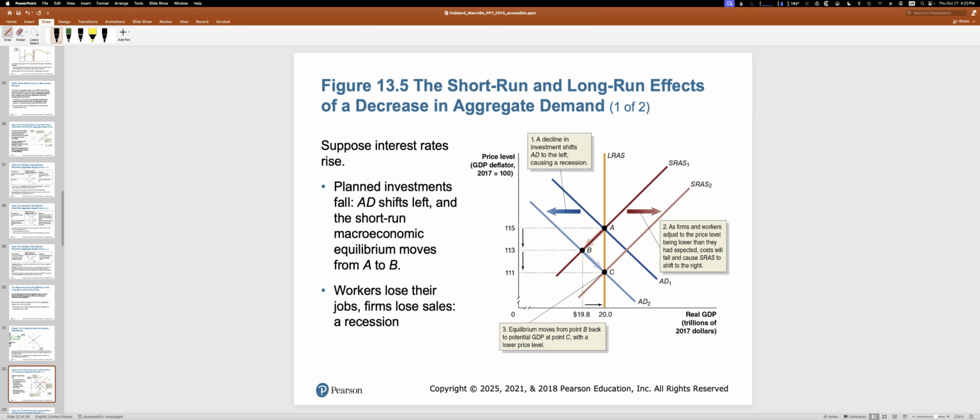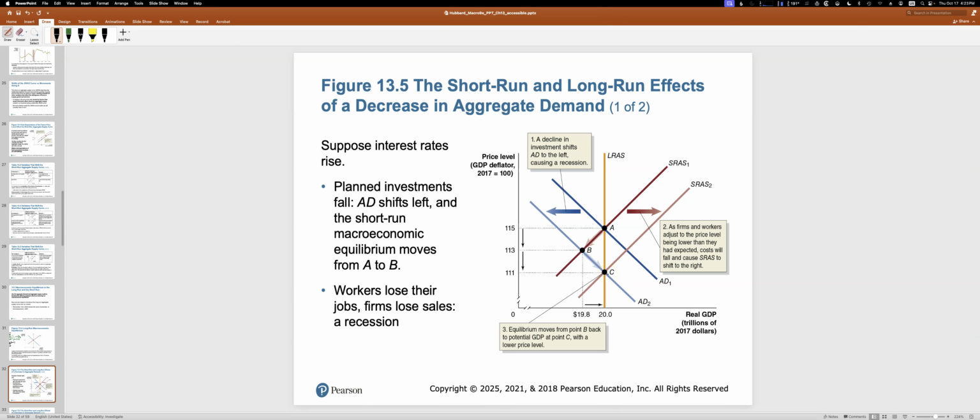And the argument here is that we could push the economy out of this recession that it's at with point B. So at point B, you could do nothing and just let the economy slowly adjust to C. As the price level's higher, and the real GDP being lower, will cause changes to the economy, causing the price level to fall until it gets down to C, which is our long run.